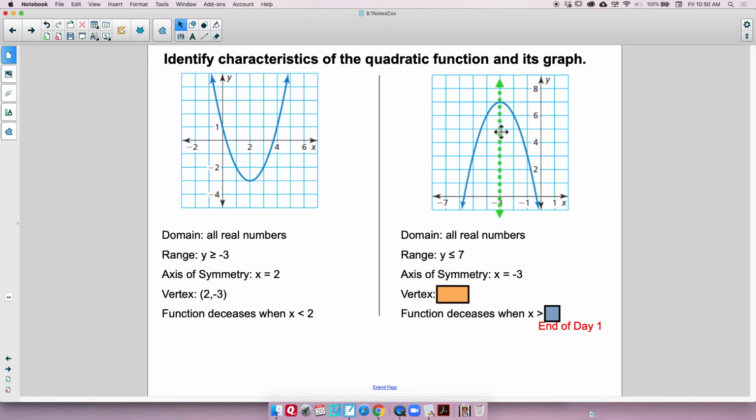Our vertex is right there, -3, 7. And when does the function decrease? When x is greater than -3. Okay? So as we move this way, the function's increasing, right? But as soon as our x gets to -3 and starts getting bigger than that, the function decreases.